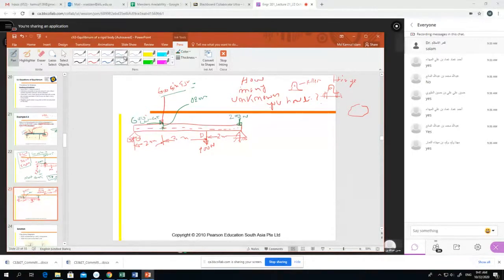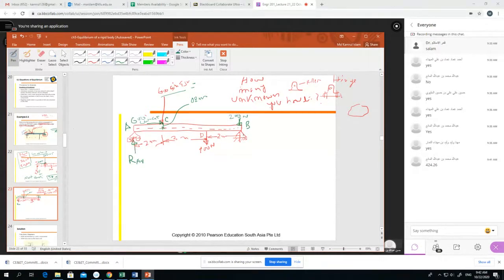So, find the unknowns. We know the roller will give only one reaction. This point name is A, this is B, and this is C. Suppose this point is C, and D is given. So RAV, one unknown.